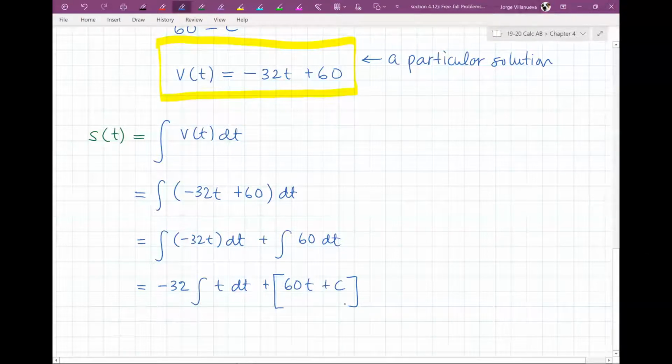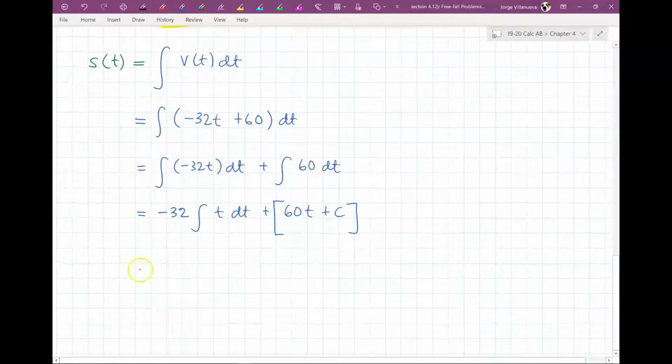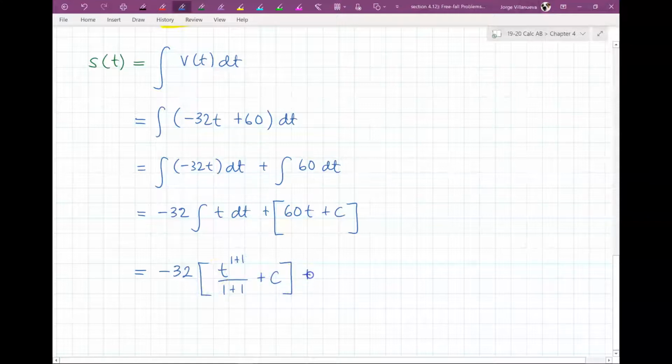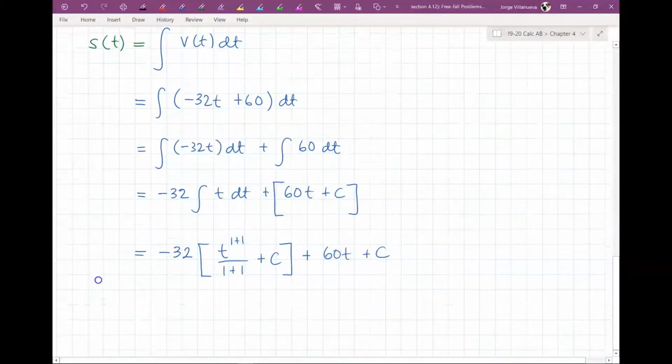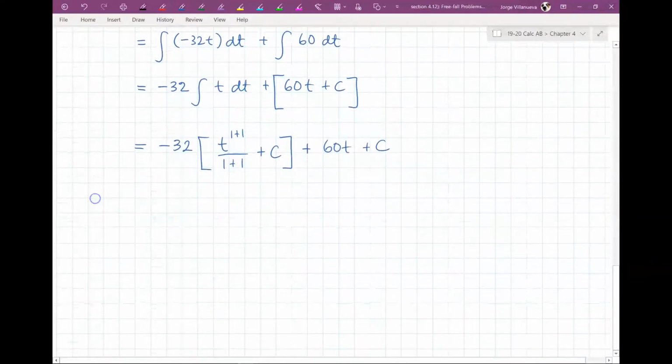So notice I already did the integral on the right side. Let's do the integral on the left side. So what is the integral on the left side? Negative 32 times t to the 1 plus 1 over 1 plus 1, plus c. And then plus 60t plus c. Okay, so that's the integral part.